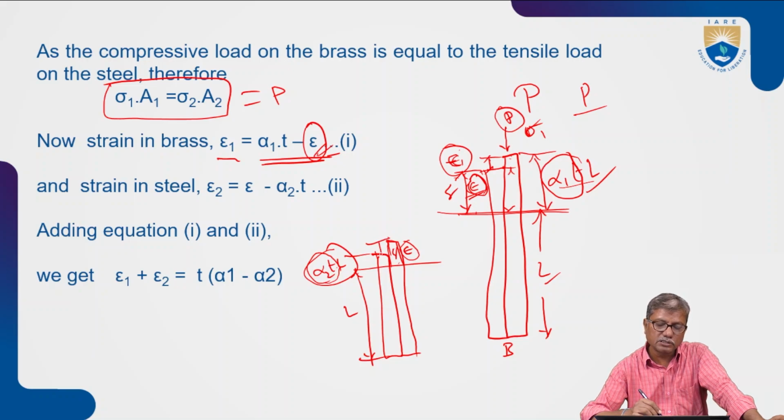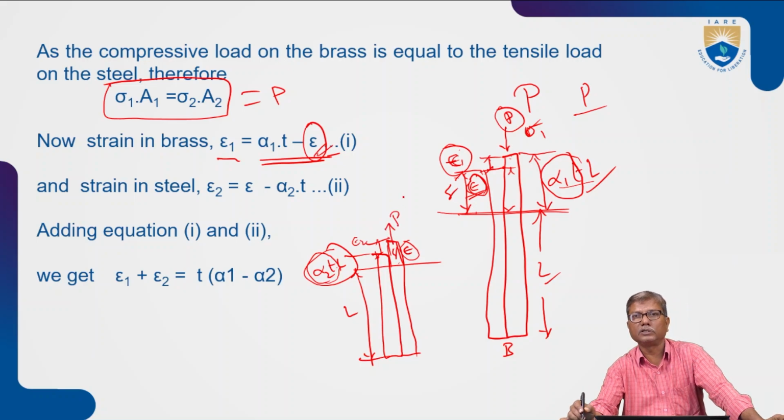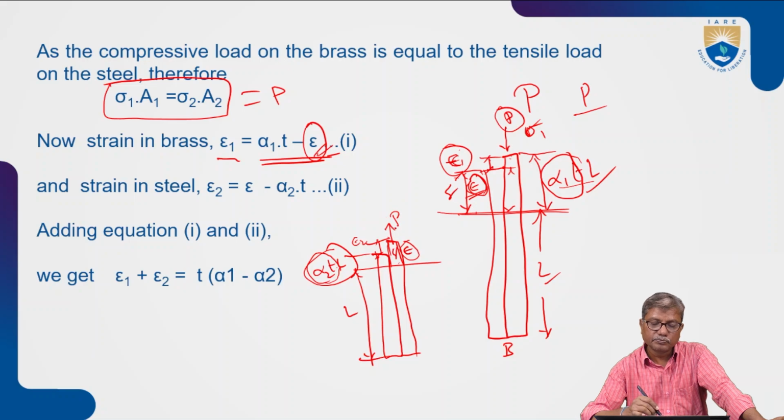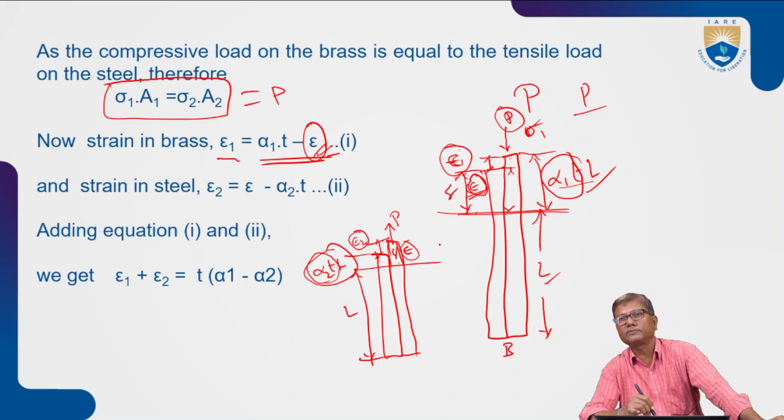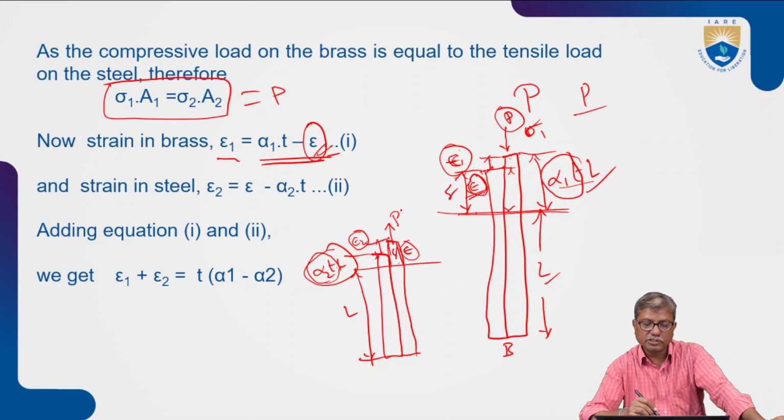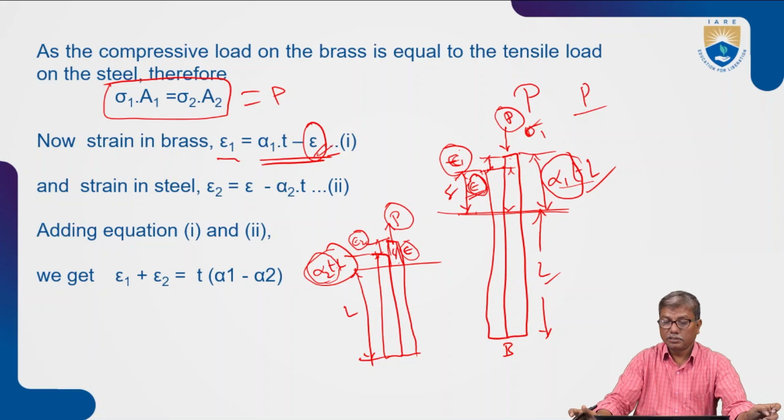So what will be the strain to which it is subjected because of the tensile force P acting on it? This is the strain beyond free expansion. Epsilon 2 is the strain beyond free expansion to which it is subjected due to the stress developed in the steel bar, because of the rigid connectivity between the steel and brass bars.